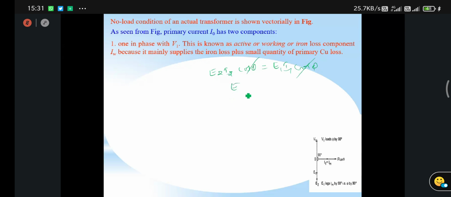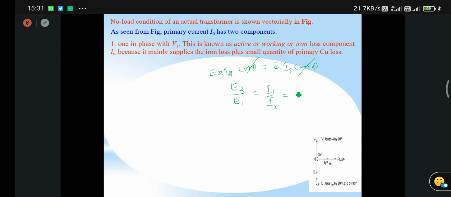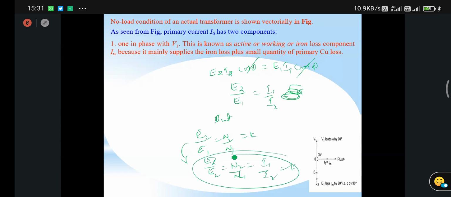There is E2 by E1 equal to I1 by I2 for an ideal transformer, and E2 by E1, which is N2 by N1, is equal to K. So I1 by I2 equals K. First of all, E2 I2 cos phi equals E1 I1 cos phi, since in an ideal transformer there are no power losses.